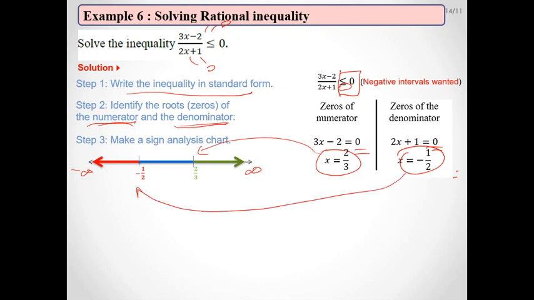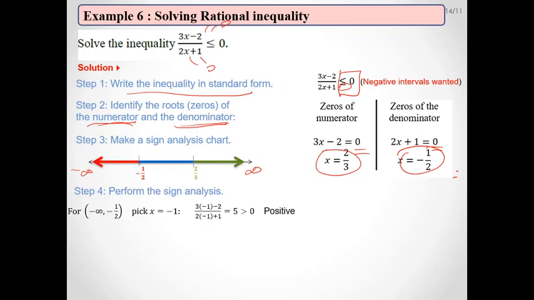You place them in the real line, and then the next thing, we will do some tests. So perform the sign analysis. How? Just pick a value. Take a value less than -1/2, for example -1, and put it here.